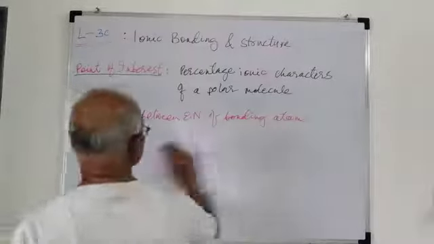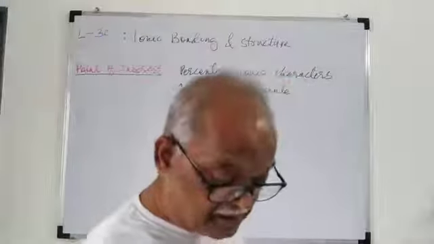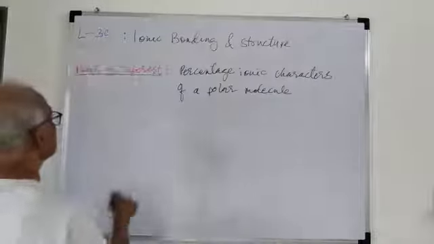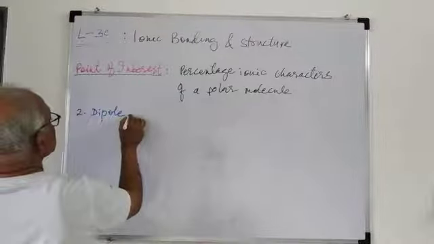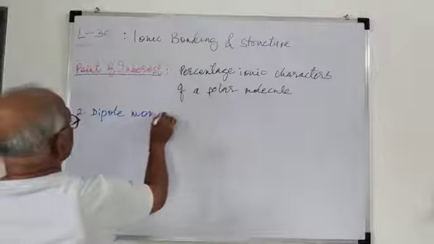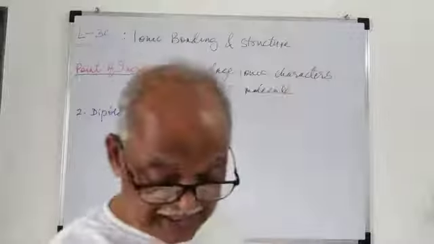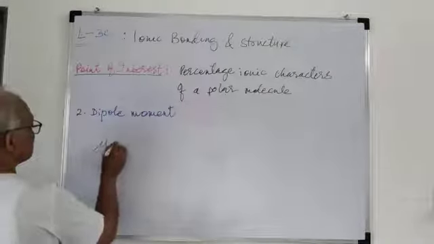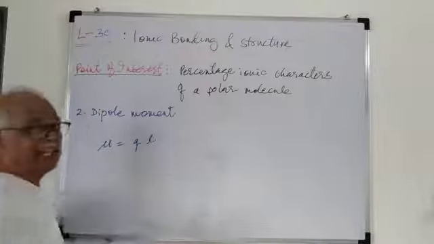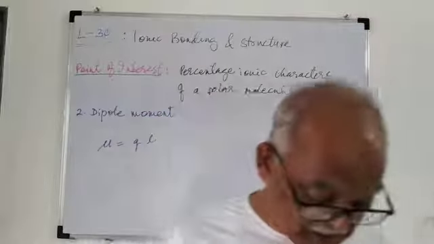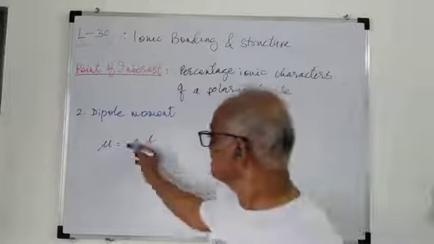Now we will see the next point, that is dipole moment, mu. We have seen that mu is calculated by using Q, that is charge, into L. Using this formula we can calculate the dipole moment.